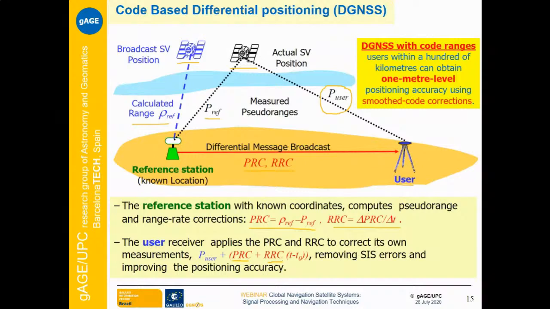Then we can remove all of the common errors that are present in the signal in space, the SIS, that are affecting both receivers, the reference and the user. And then we can achieve, and we will see examples, errors of about 1 meter.